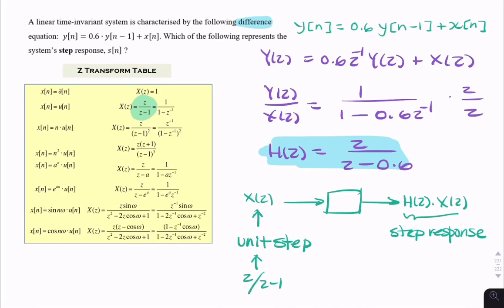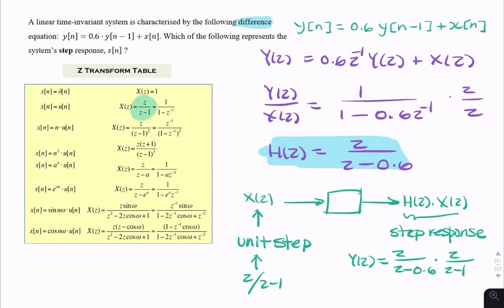So the output will simply be H(z) multiplied by X(z). So it'll be z over z minus 0.6, multiplied by z over z minus 1.